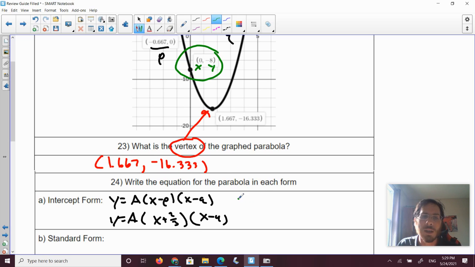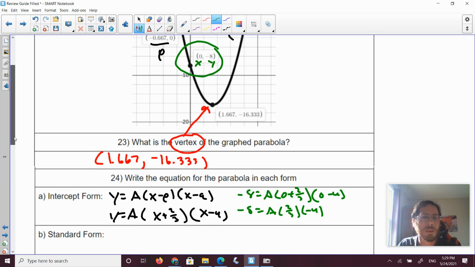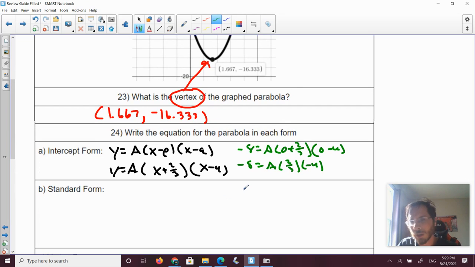So I'm going to get negative 8 equals a, 0 plus 2/3, 0 minus 4. Well, that means that negative 8 equals a times 2/3 times negative 4. Okay, looks like I might need a little bit more space than I've got here. That's all right, though.